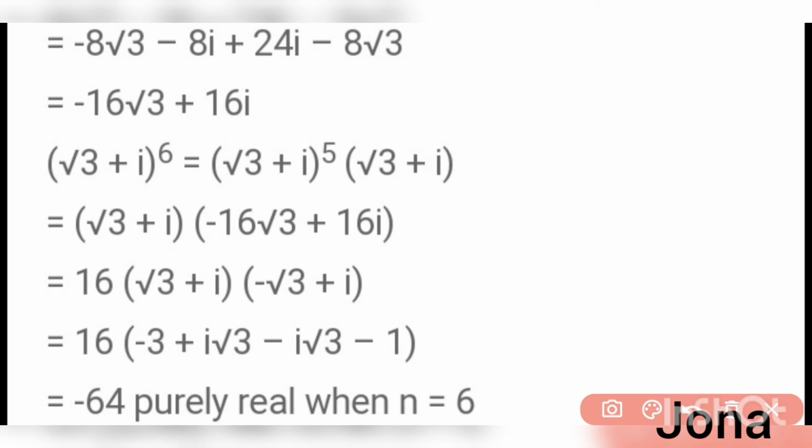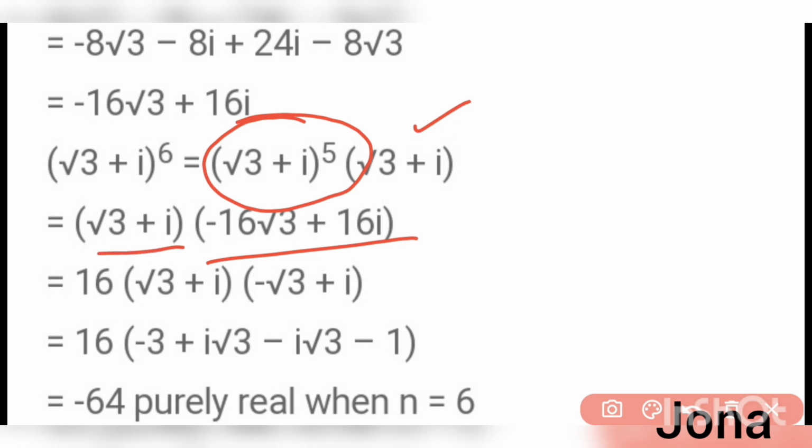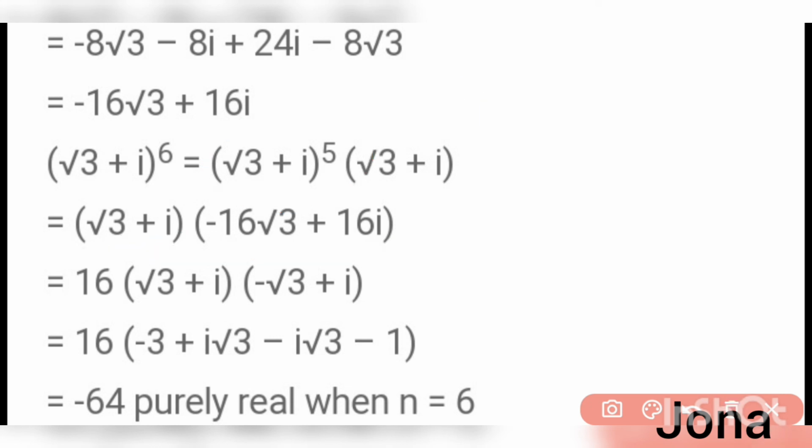So the value of this (root 3 plus i) the whole power 5 is minus 16 root 3 plus 16i into this root 3 plus i here. Just we want to multiply by root 3. Root 3 into minus 16 root 3 is... here for the simplification we can take this minus 16 as common, so 16 into (root 3 plus i).